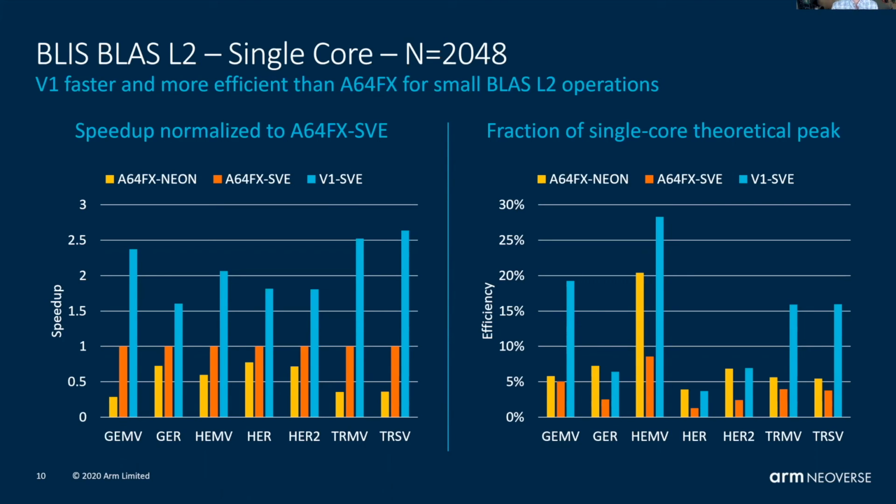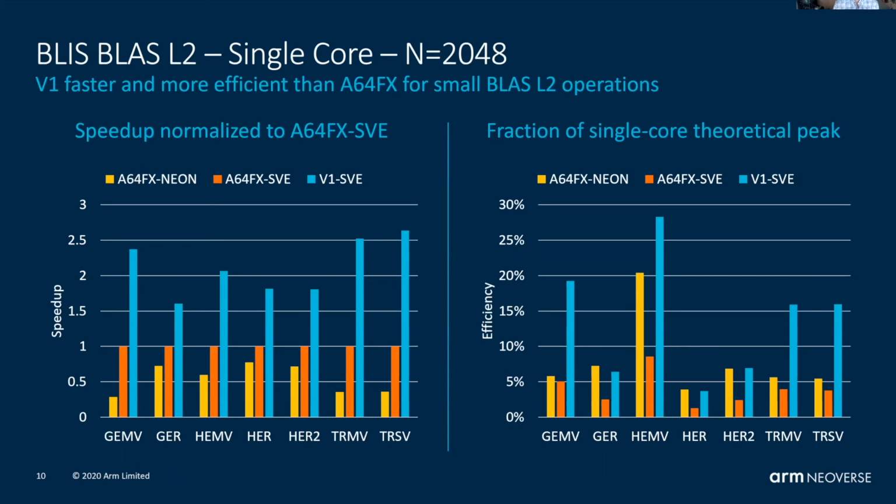We can see that the V1 in simulation is both faster and is getting a higher fraction of the theoretical peak than the A64FX does for the same problem sizes. There's a lot of good reasons for this. First, with these small vectors, we're completely inside cache. We're doing a lot of very short-lived operations, and so having a very wide design with relatively short pipes compared to the A64FX allows us to keep more operations in flight.